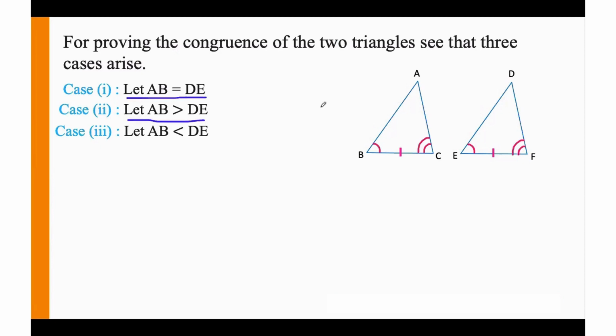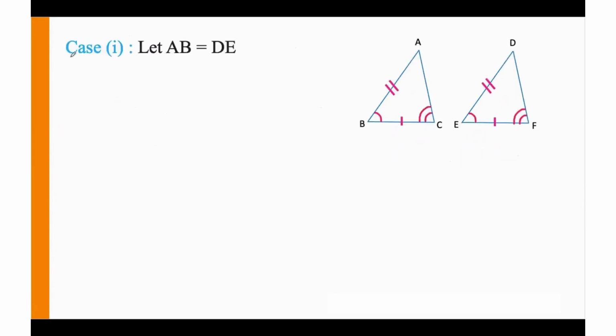And case 3 is where AB is less than DE. So then triangle ABC is a little smaller than triangle DEF. Now let us see in all these three cases if we can prove that the two triangles are congruent or not. Let us understand.